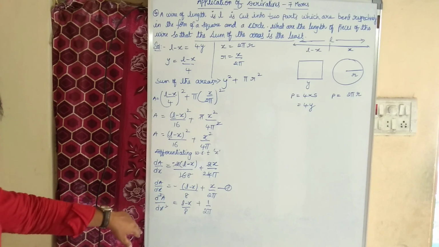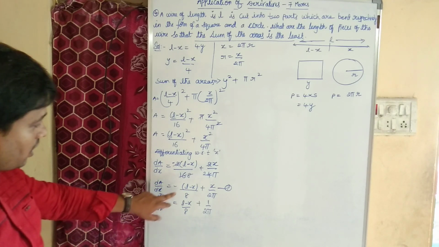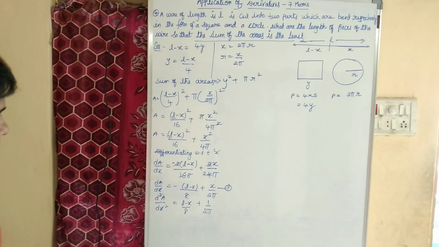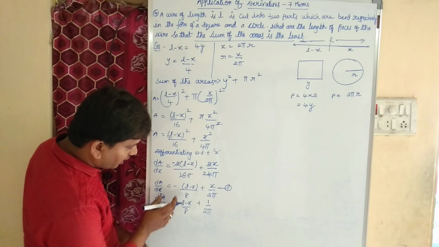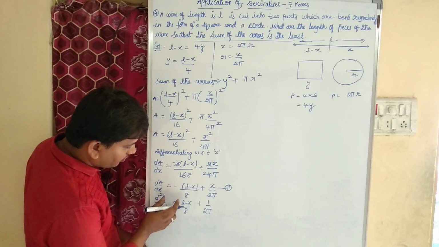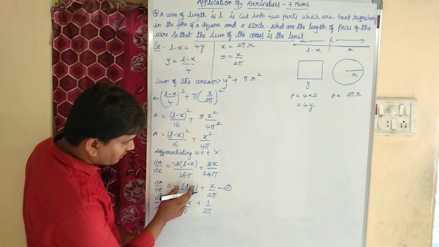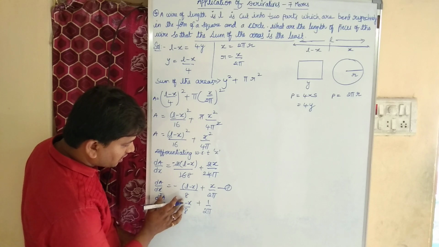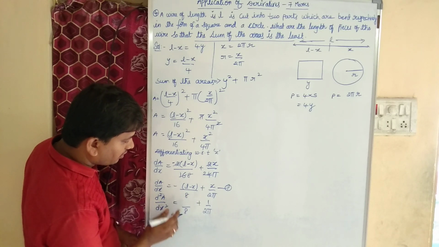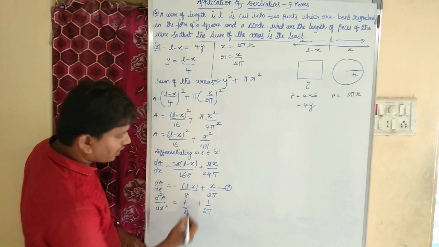We are differentiating with respect to x, so only the constant will be, that will become 1 by 8. So children, because we are differentiating with respect to x, x value is 1 and L is constant, sorry children, L is constant, constant differentiation is 0. Again we should not write. So minus into minus, plus 1 by 8.